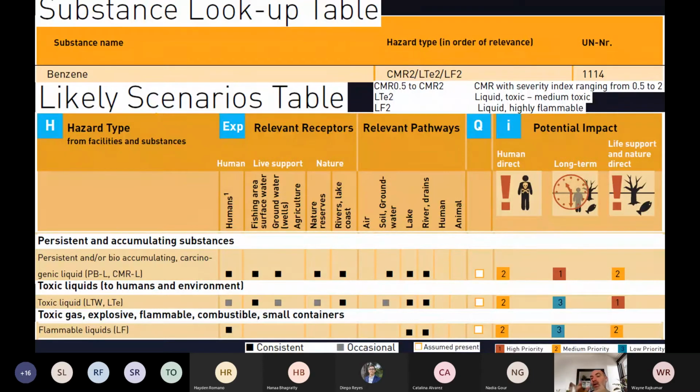So the FEAT table just leads you to look into the priority that makes this long-term impact of the substance.